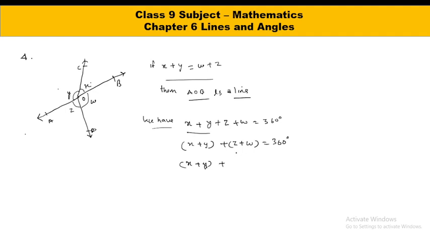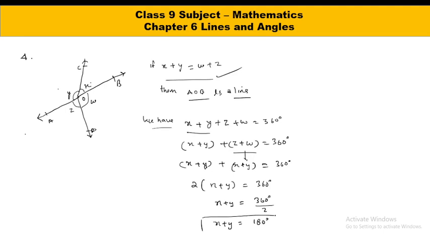Now this w plus z can be written as x plus y, as it is given in the question. So it will be 2 times x plus y, that is equal to 360 degree. x plus y will be equal to 360 degree upon 2. x plus y will be equal to 180 degree. So the sum of these two angles, angle x plus angle y, is 180 degree.